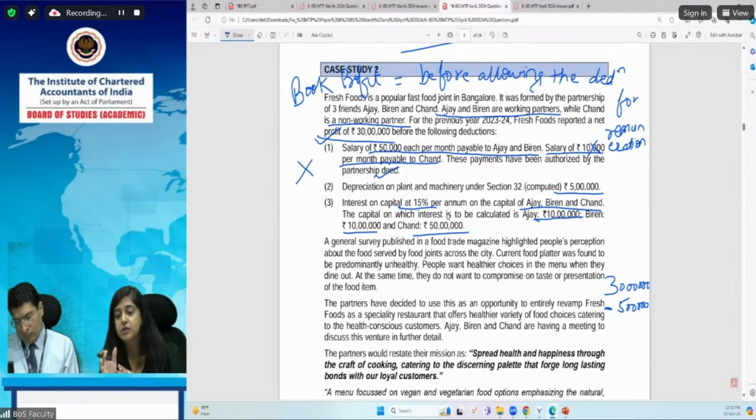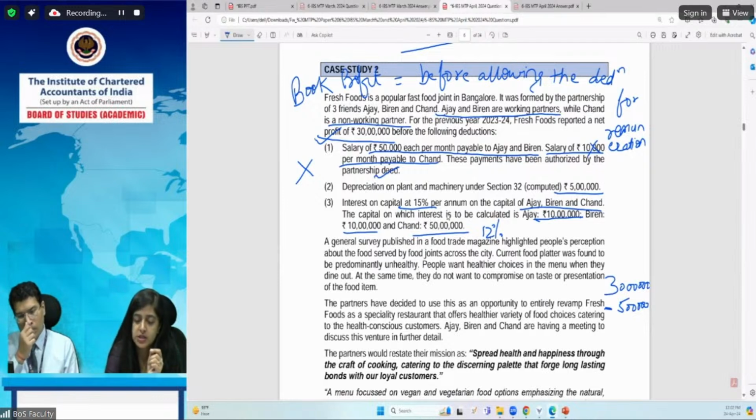So for the purpose of interest on capital, there is no bar on being a working partner or a non-working partner. While remuneration is allowed as per income tax only and only to working partners. So interest at the rate of 12% is allowed to all the three partners, Ajay, Viren and Chand.